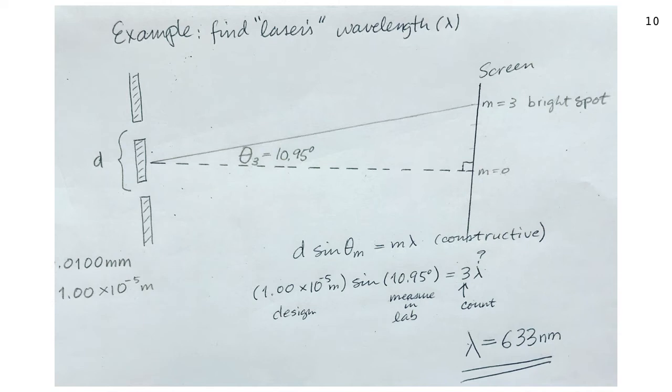Okay, now let's say that D, I'm still going to label D over here in my schematic. All right, let's just write down D equals 0.0100 millimeters. All right.